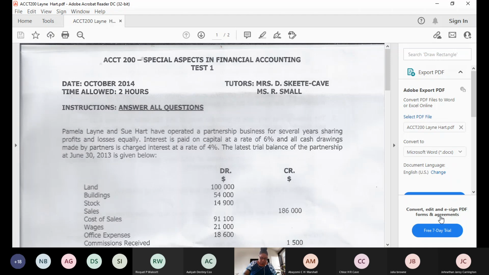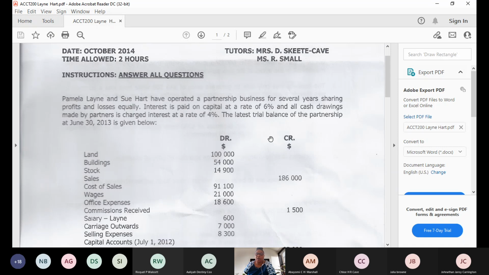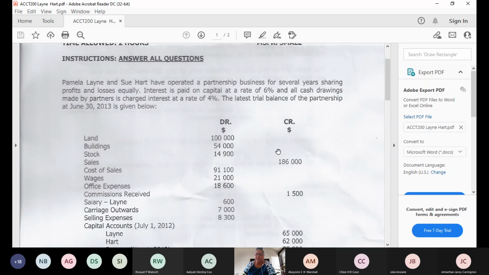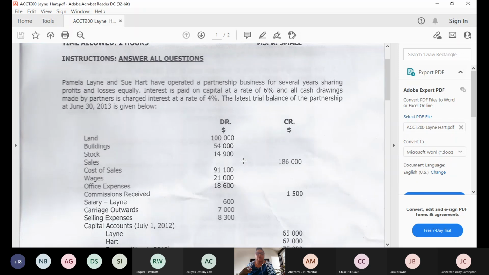Now this is the example question that we're going to look at. And I'm going to read through the question, just going to talk about it a little bit. And we also have a presentation on revaluation and goodwill. I would also ask you to review those notes. So all your notes on changes in partnerships, I would ask that you read those notes, because when you come to the session, when you would have read through those notes, there may be some questions that you have in your mind.